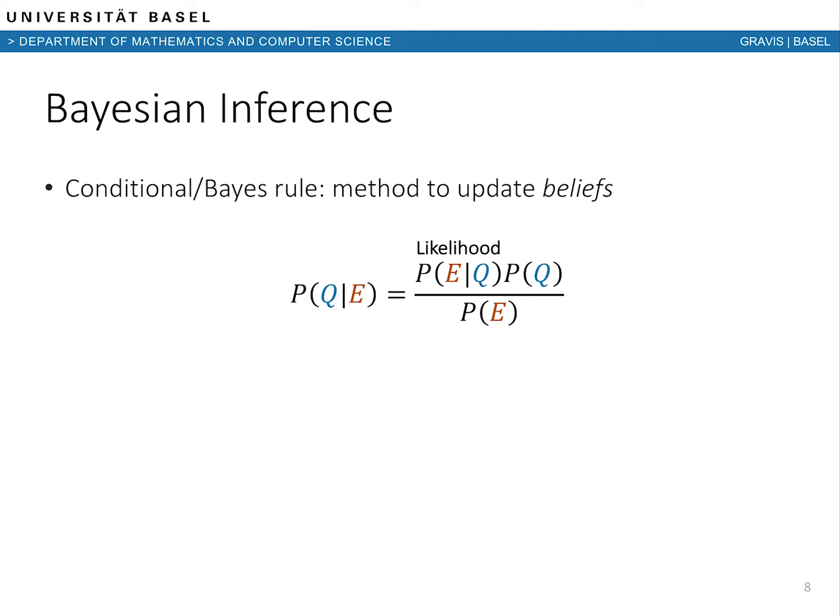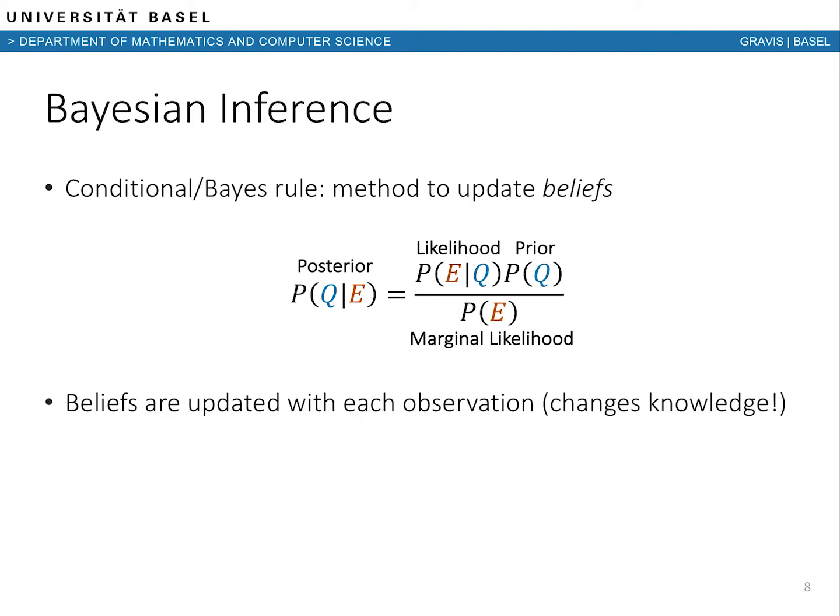The factorization also introduced the prior, which is our knowledge about the query variables without making any observation, and both of them together yield the posterior when we normalize with the marginal likelihood. So with each observation we update our beliefs and change our knowledge.